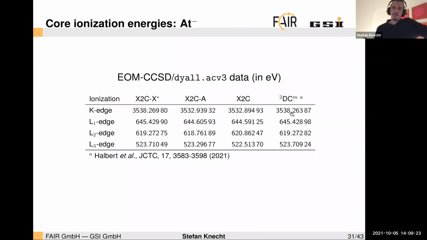For the K edge, so ionizing the 1s, you essentially get 3,538 electron volts, and we reproduce that with our X2C-AMFI scheme very well. Whereas with the old one, or without any picture change corrections, you're off by at least 6 electron volts. So you're quite off. It becomes a little bit better if you go to the higher edges, so the L1, L2, and L3 edge.